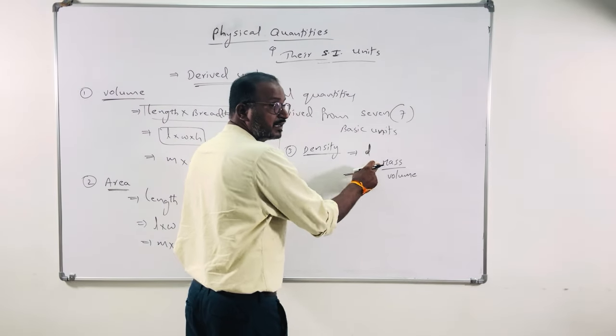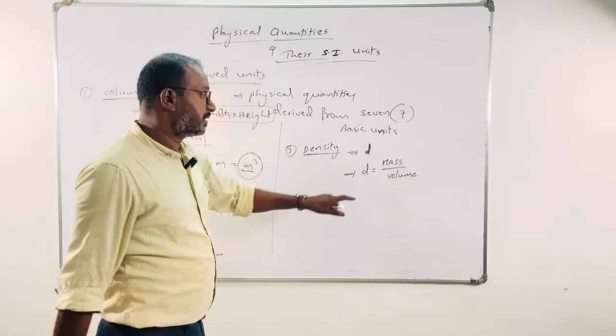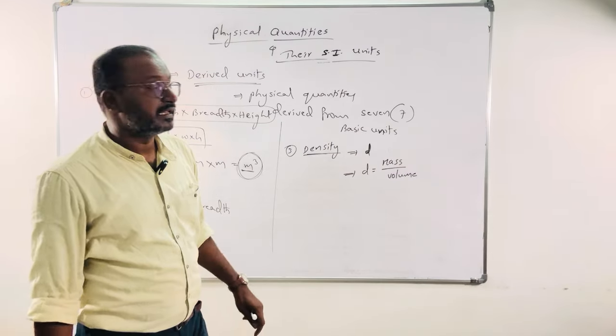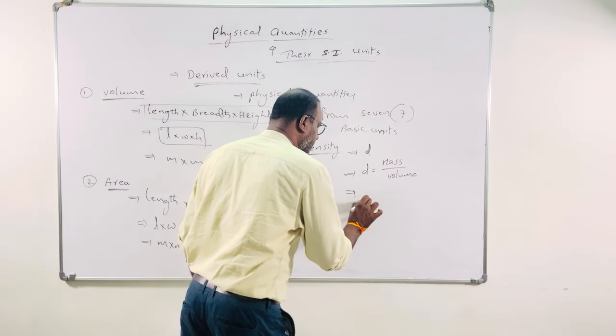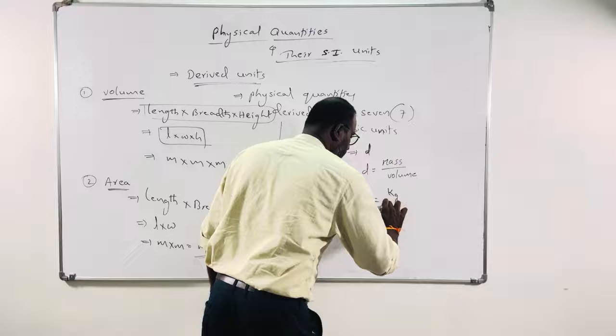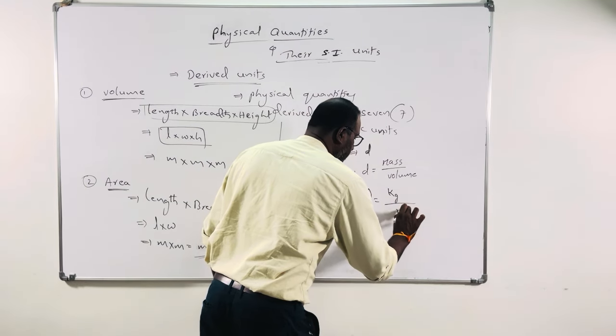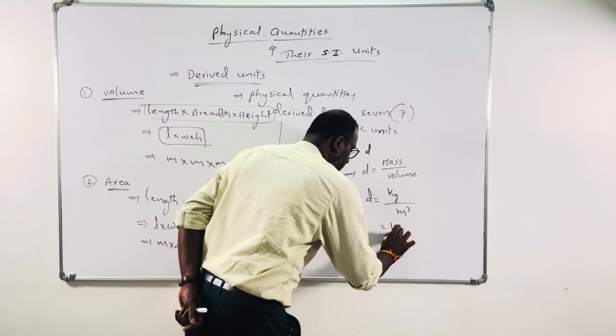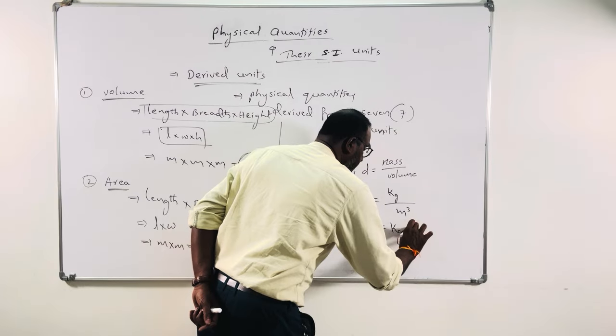Mass is a basic unit, but volume is a derived unit. From this, density will be derived. For density, the SI unit of mass is kilograms and the unit of volume is meter cube. That's why we say kilograms per meter cube.